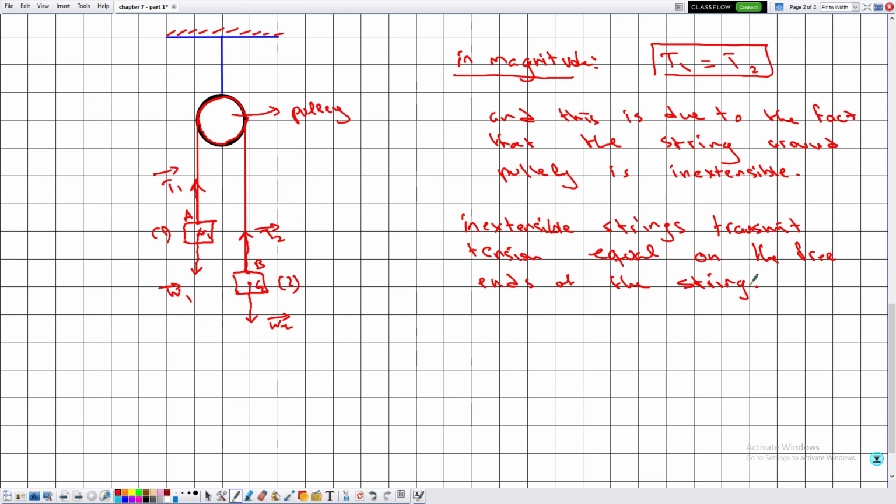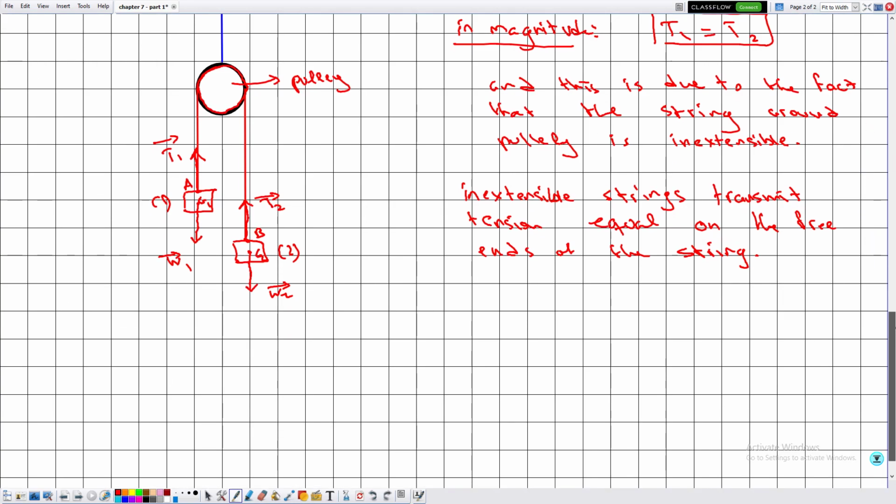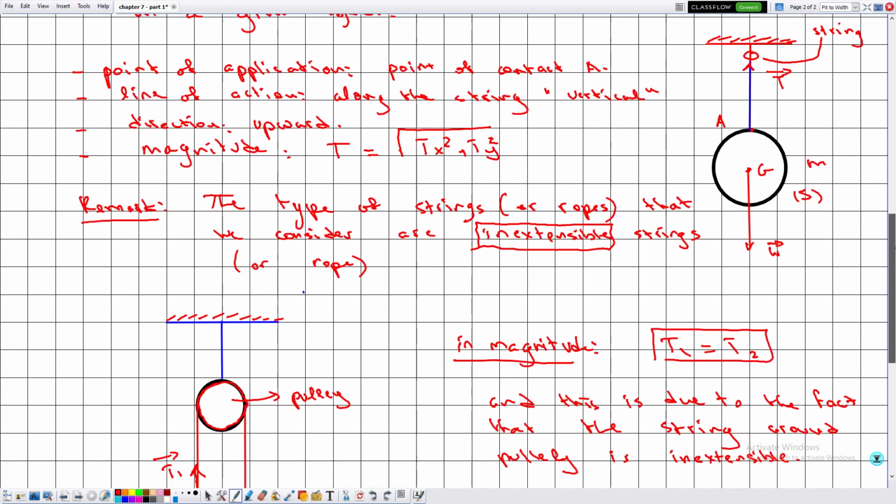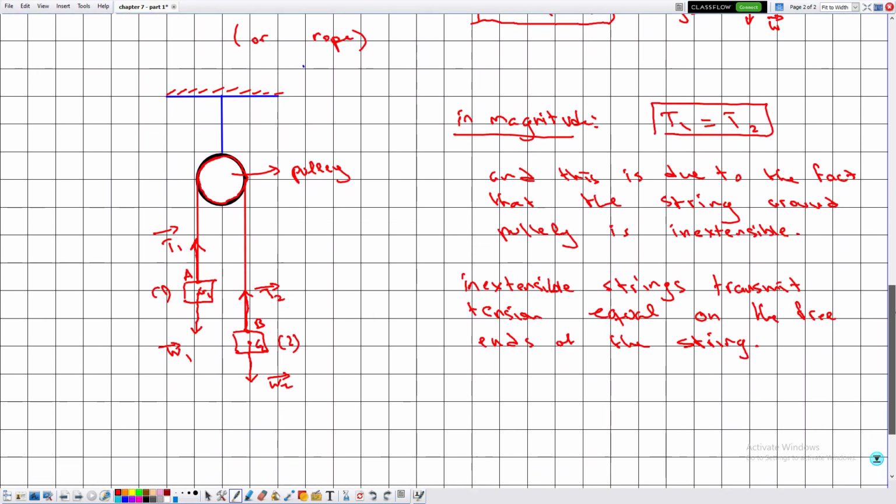Okay, so this is it for the tension. Later we will discuss more the fact of the inextensible strings.